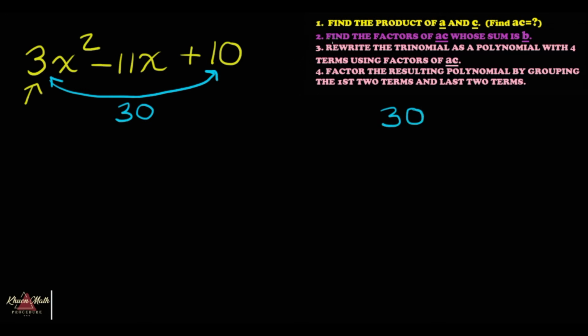Now step 2 is to find the factors of ac whose sum is b. So find two numbers that when you multiply come out to positive 30, but when you add those two numbers, it comes out to negative 11, because negative 11 is your b.